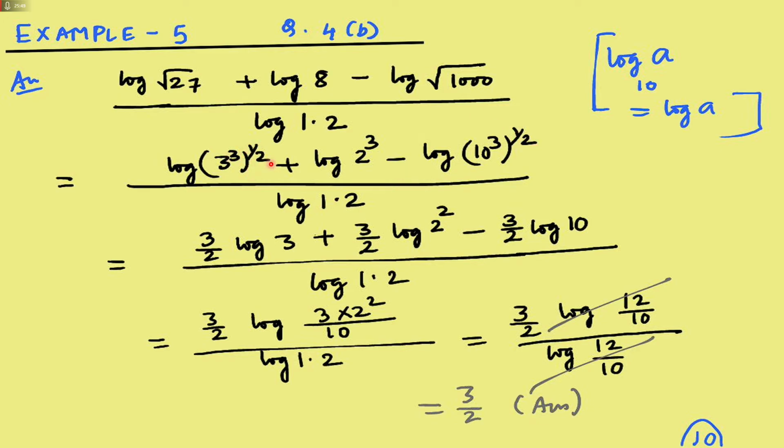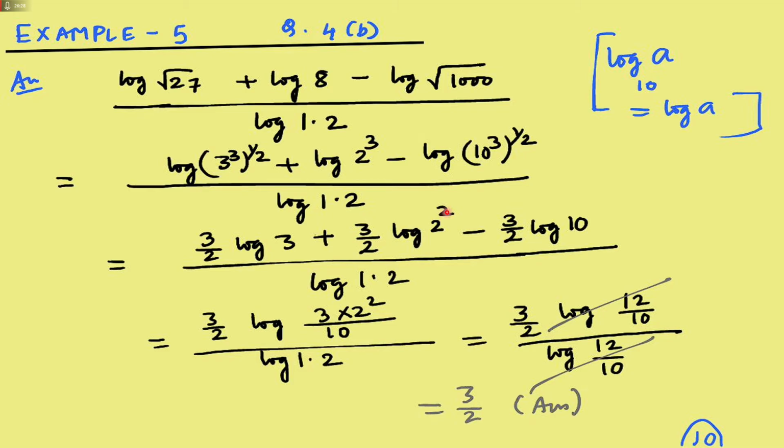This 3 by 2 will come forward of this log. So you will have 3 by 2 log 3 plus this 3 will come forward to log. That means this will give you 3 log 2, but I am writing here 3 by 2 log 2 square. That means I am not writing it as 3 log 2, I am just writing it as 3 by 2, and to adjust this I am taking here power of 2.